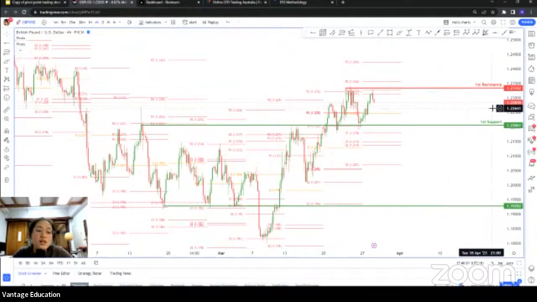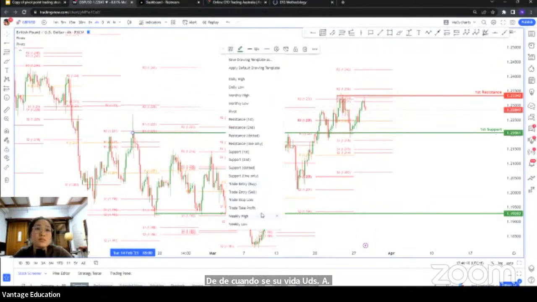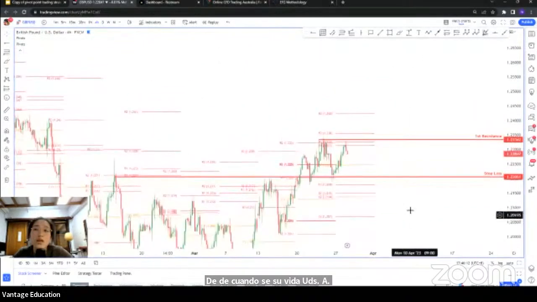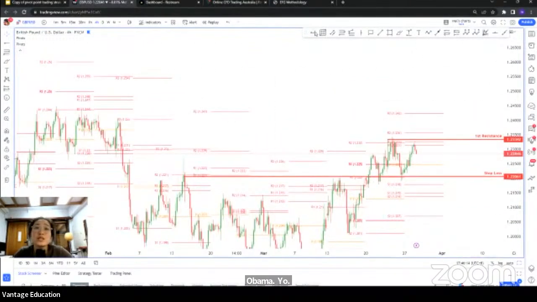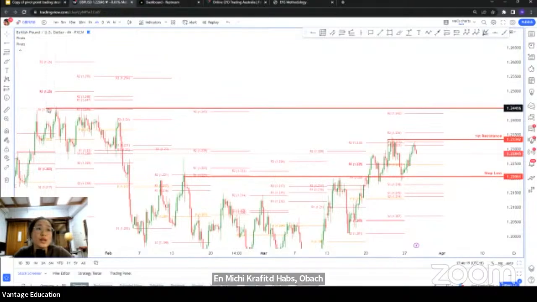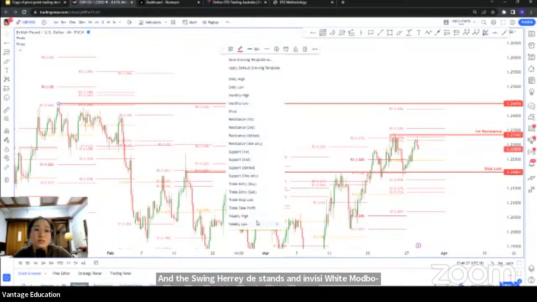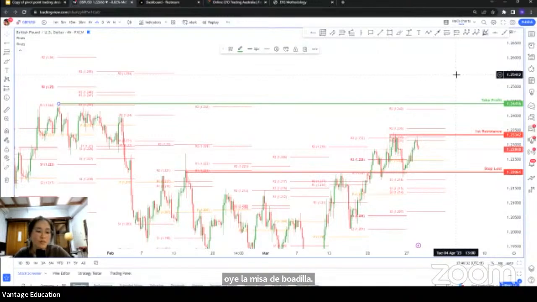So let's say we have our stop loss over here. And my take profit perhaps over here. And this swing high resistance in line with multiple resistance levels as well. Okay, let me just label this take profit. Okay.